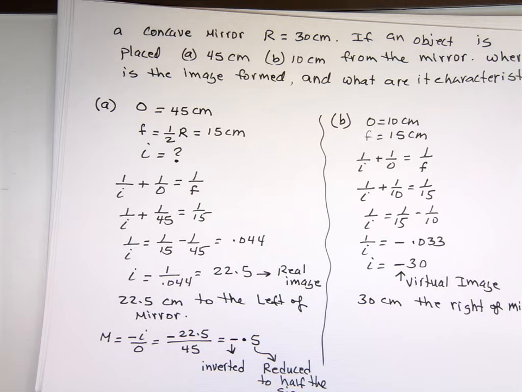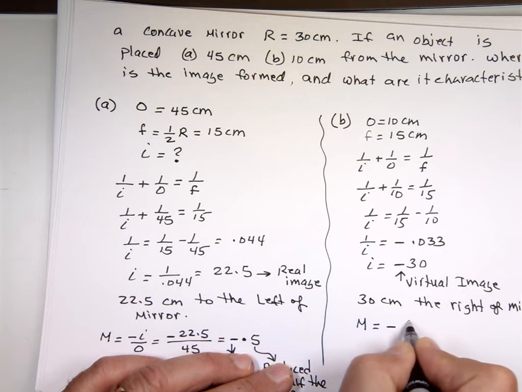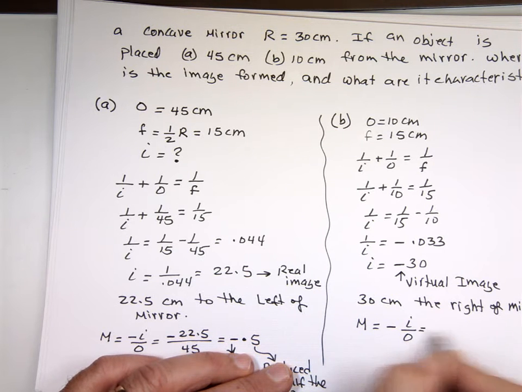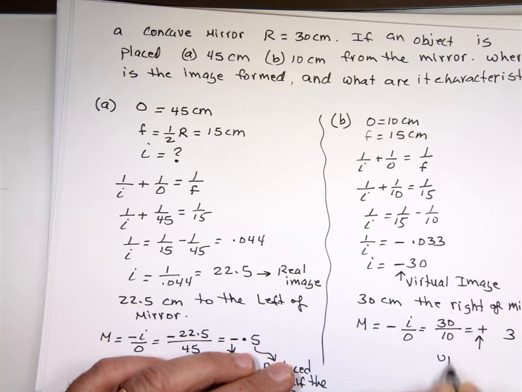What's the magnification? Negative i over o. Negative and negative, that's positive 30 divided by o, which is 10. That's a plus 3. Plus means what? Upright. And the 3 means what? Larger.